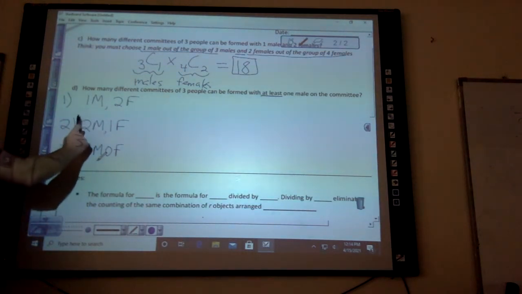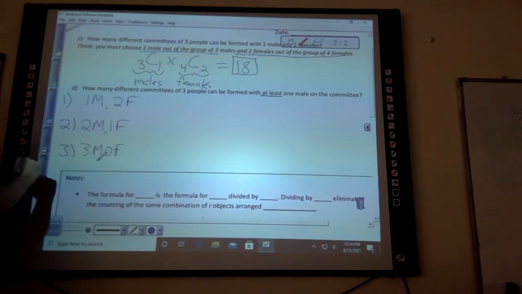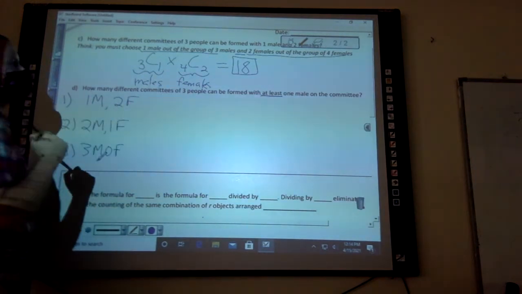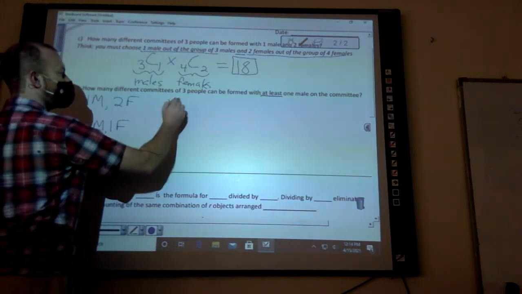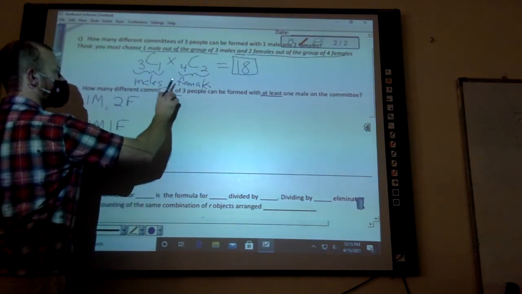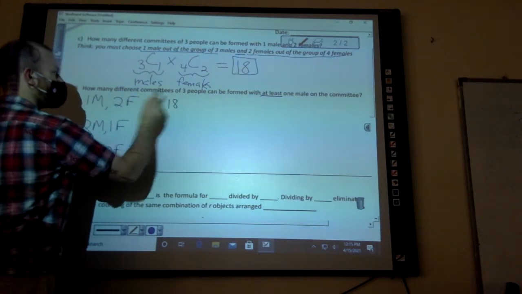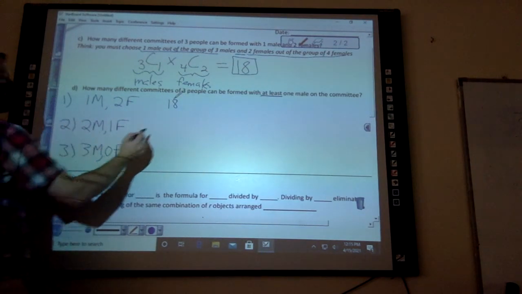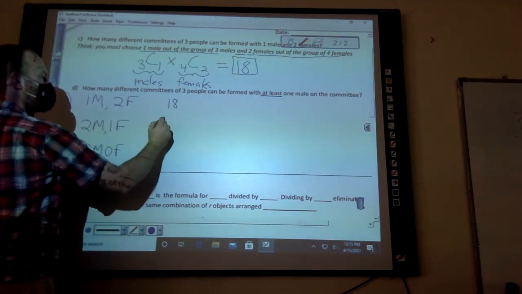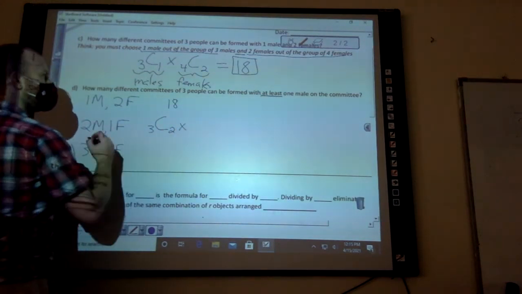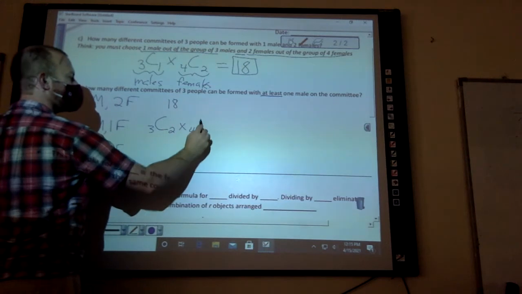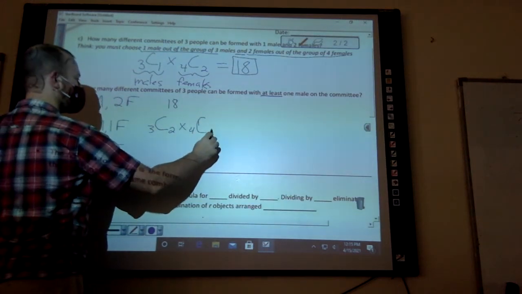So this one, I want 1 male with 2 females. We've picked that one already. We know this one's 18, so I'm not going to rewrite that one. Then to get 2 males, there are 3 males to pick from, and I want 2 of them, times there's 4 females, and I want 1.